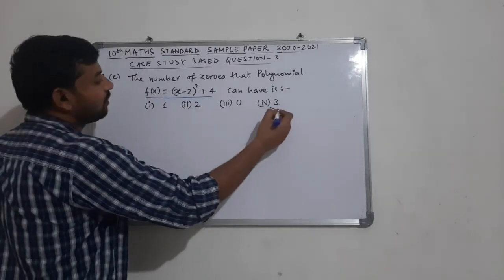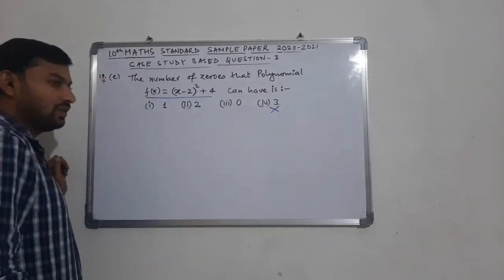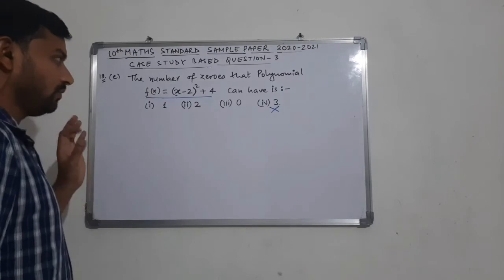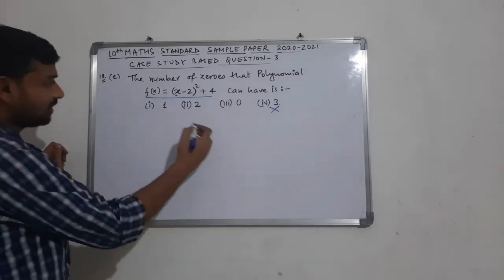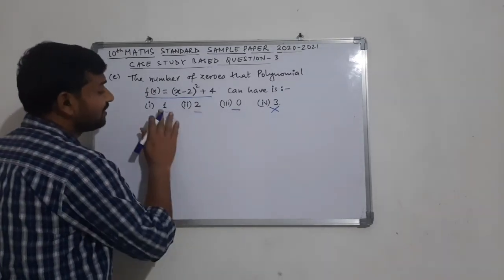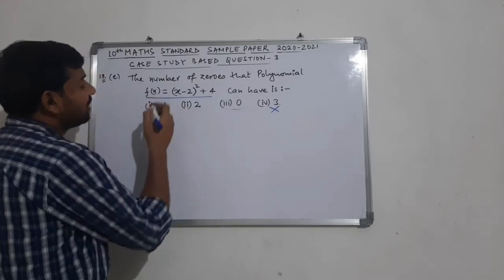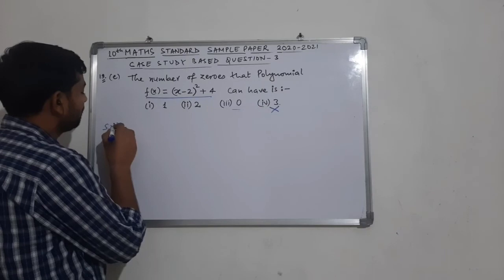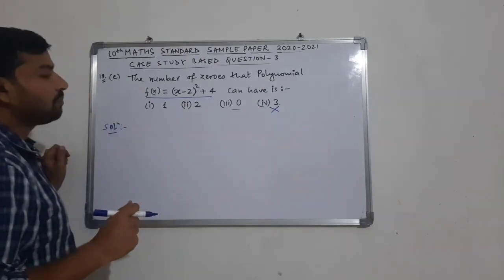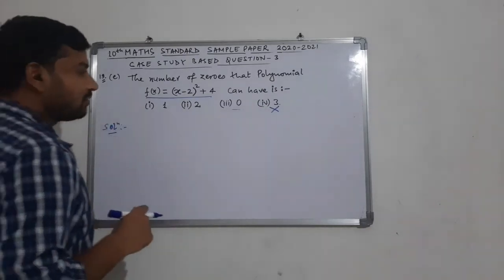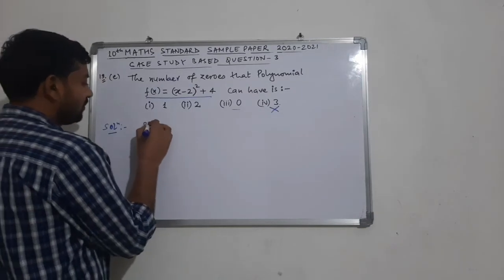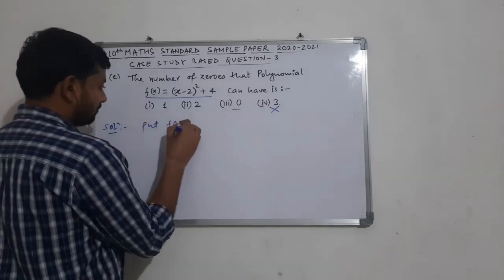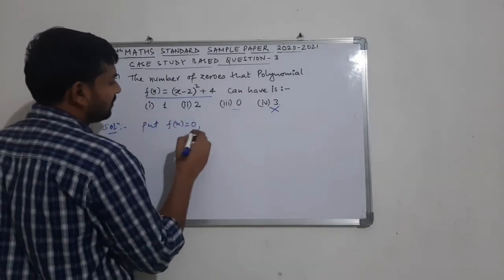So the fourth option, that is 3, is not possible at all. From these 3 we will have the correct answer, and for this what we can do is the number of zeros can be obtained by equating the equation with 0. So here we have to put f of x as 0.